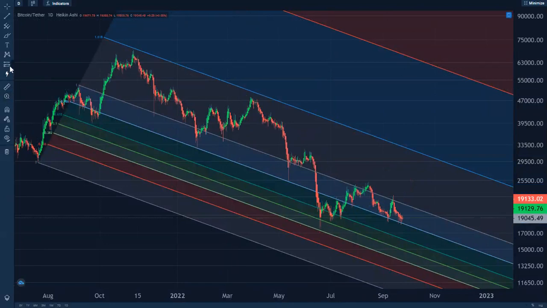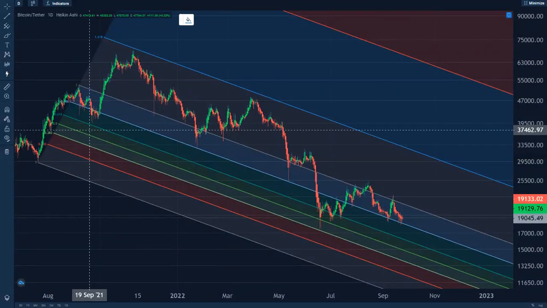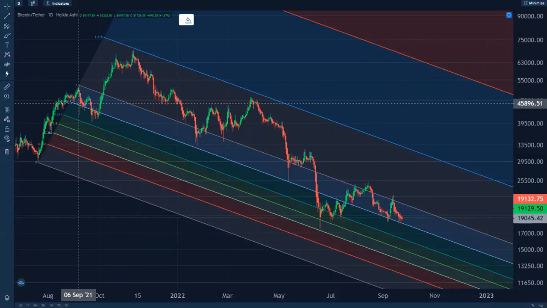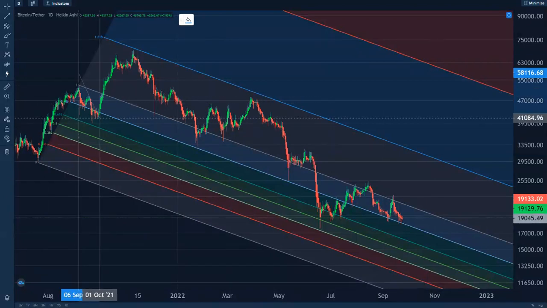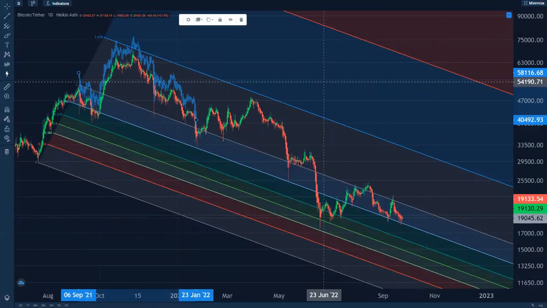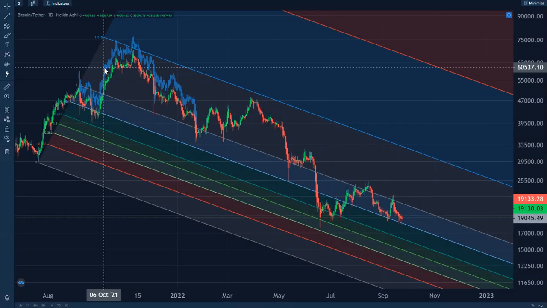All right, so we're going to go over here, and we're going to take a look at our bar patterns. And this is what we're interested in right here. We'll just run it out from our last top here, and then we'll encompass our bottom here, and we'll bring it all the way out to here. All right, so let's just bring this down. Oh, Storm Gain is not too happy.